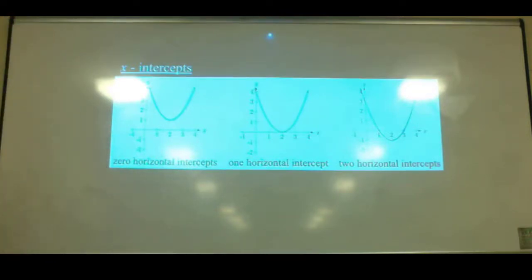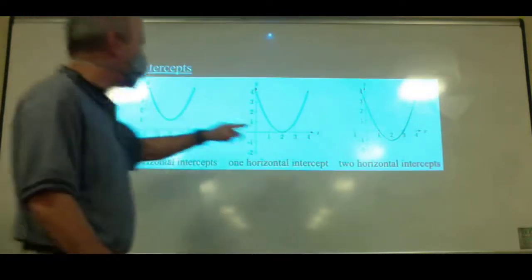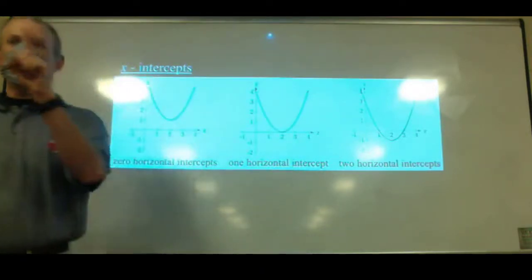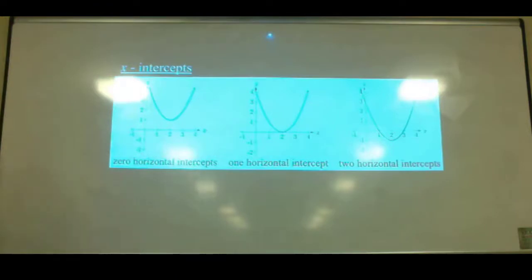Okay? Another case is where it just comes and just barely touches the x-axis in one spot. In other words, at its vertex, it just comes down and touches the x-axis and then goes back. So it could have possibly one x-intercept or horizontal intercept, since it's the horizontal axis.